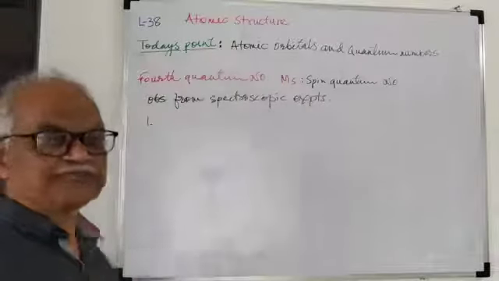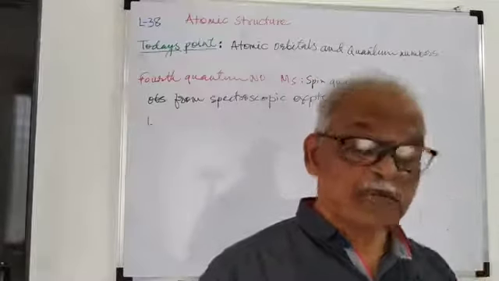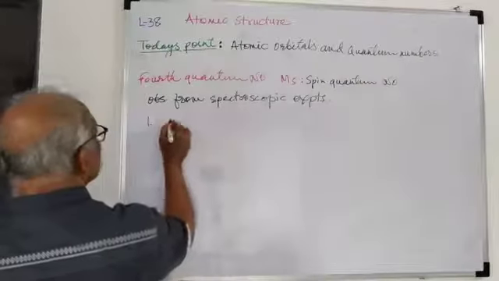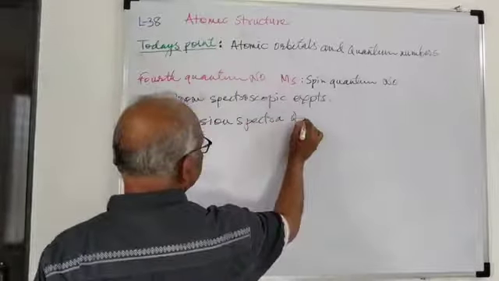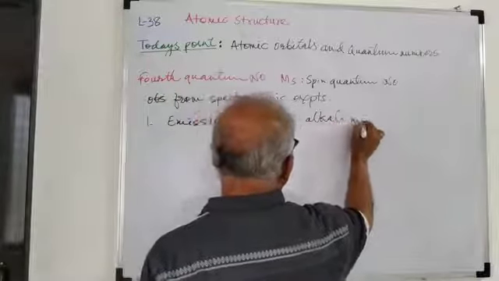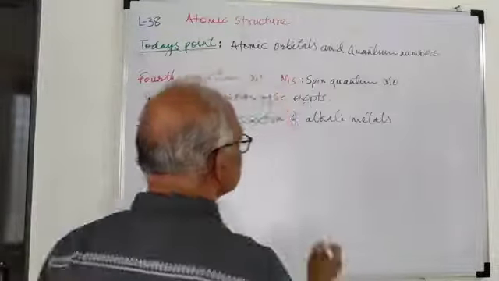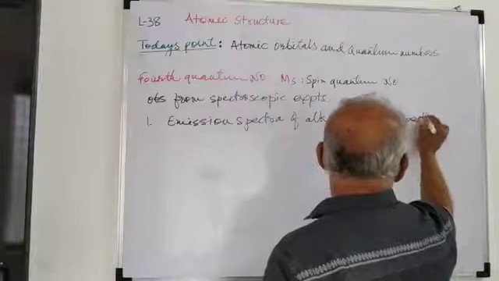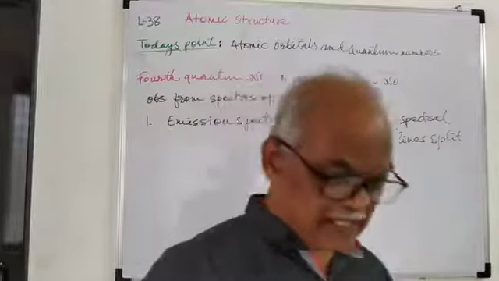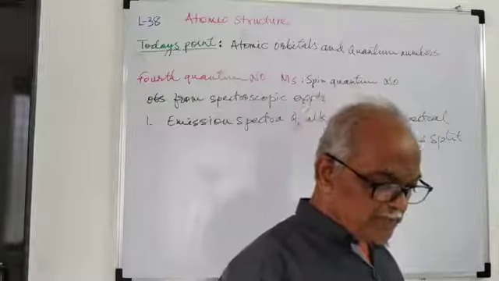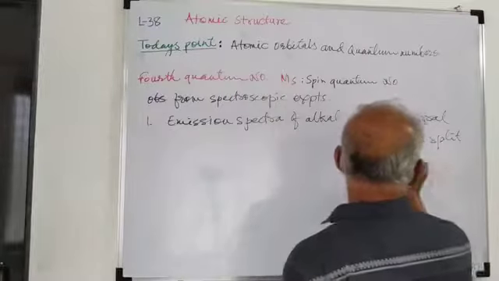The first observation is that when we observe emission spectra of alkali metals, it shows that the spectral lines split into two, or we can say spectral lines are doubled.